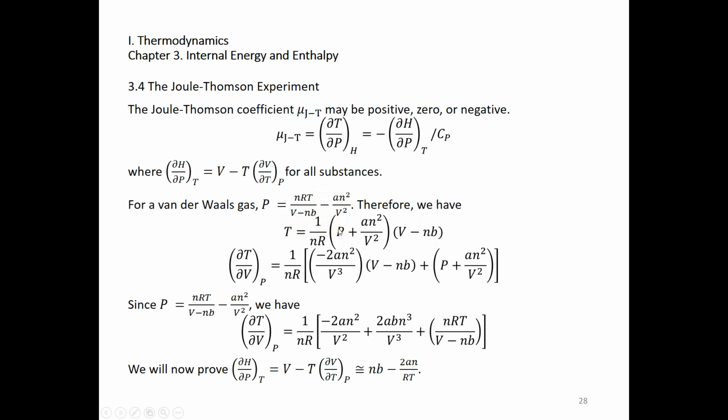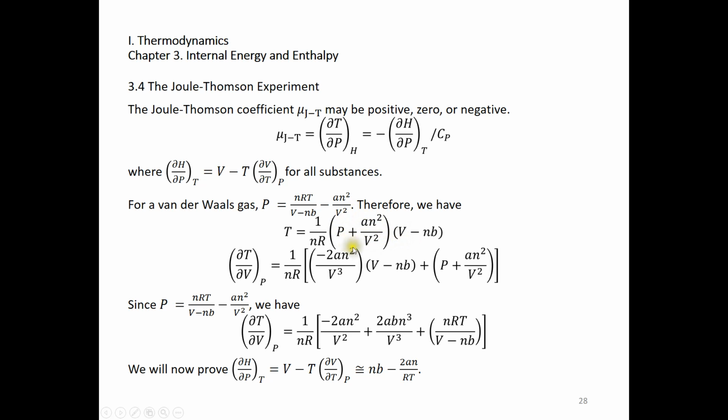Now we can take its first derivative with respect to volume at constant pressure. That means we treat this pressure as a constant, and then take the first derivative. We copy 1 over nR here, and we have a product of two terms, so we use the product rule in calculus.